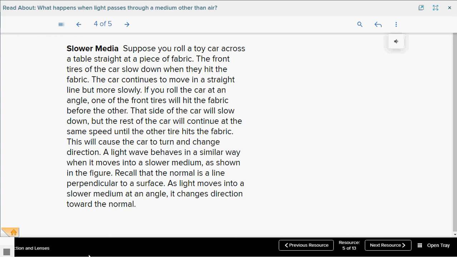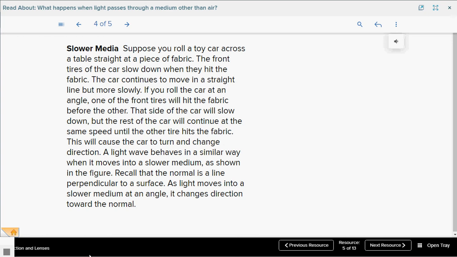If you roll the car at an angle, one of the front tires will hit the fabric before the other. That side of the car will slow down, but the rest of the car will continue at the same speed until the other tire hits the fabric. This will cause the car to turn and change direction.